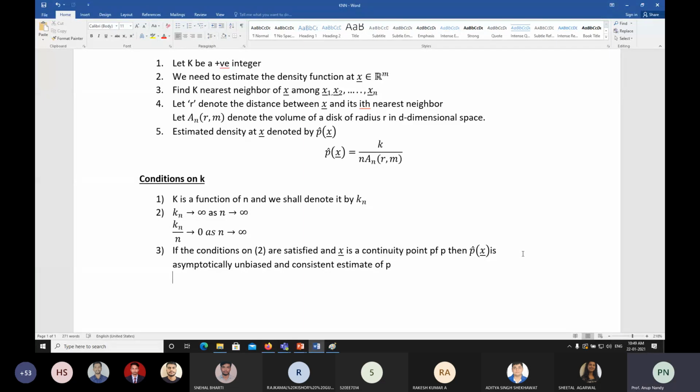After applying the density functions, then you can apply the Bayes decision rule. Now, what is the Bayes decision rule? Capital Pi small pi is greater than or equal to capital Pj small pj.